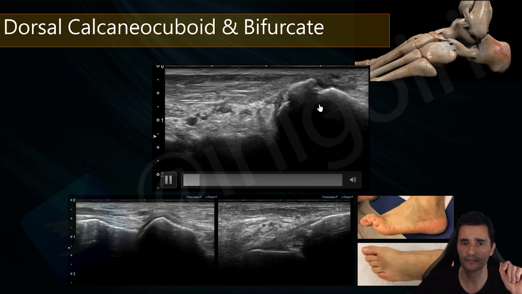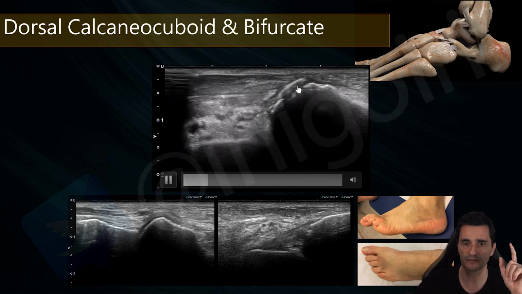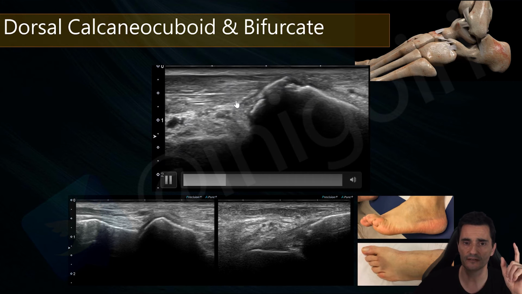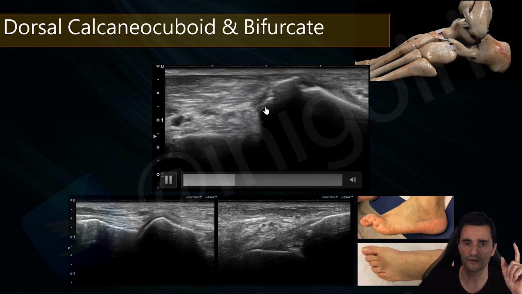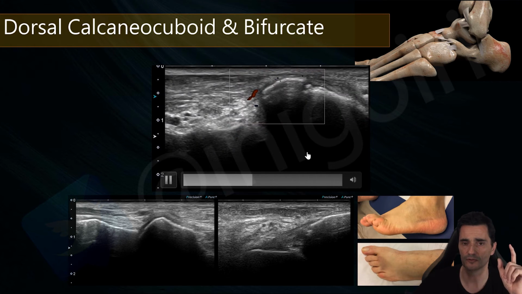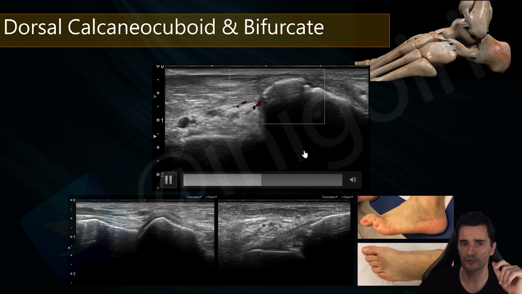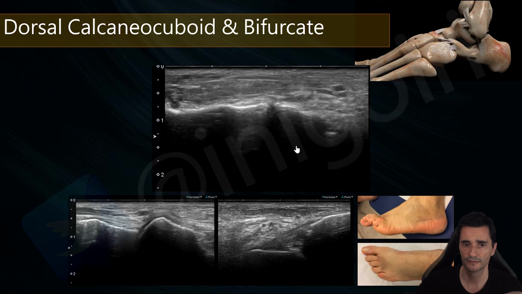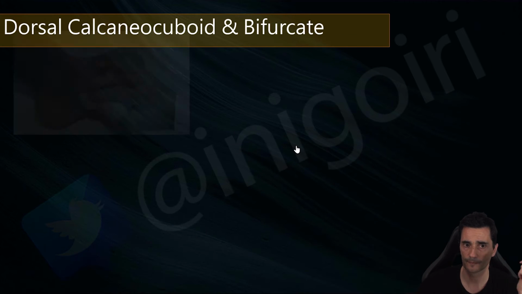And again, in the superior external margin of the calcaneus, you can see here in the insertion of the bifurcate ligament this bony detachment, very common, with Doppler and pain just in this area.